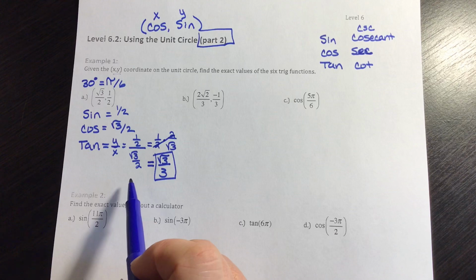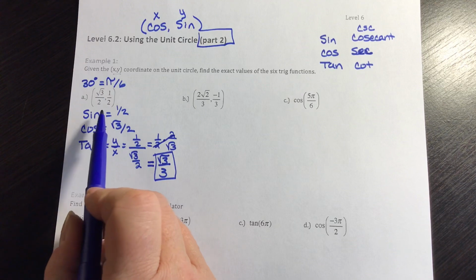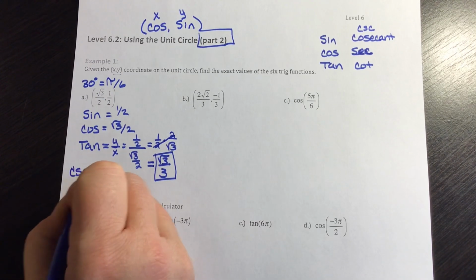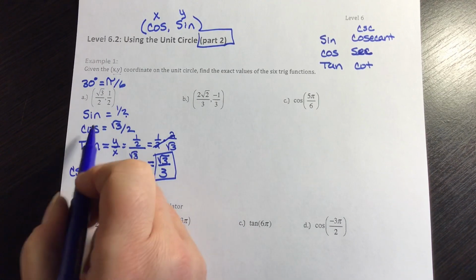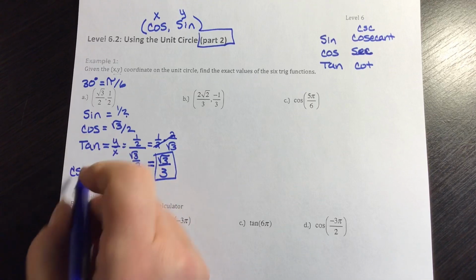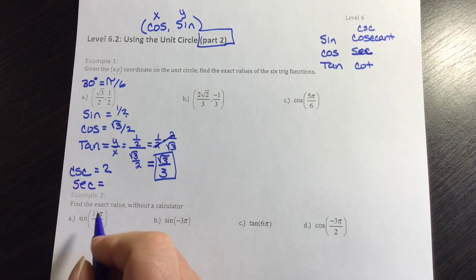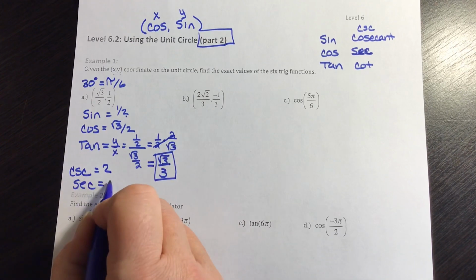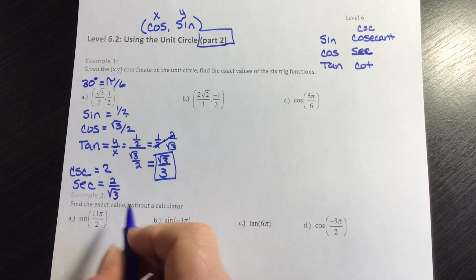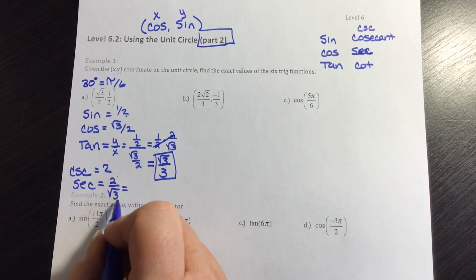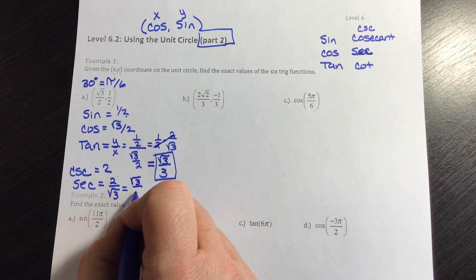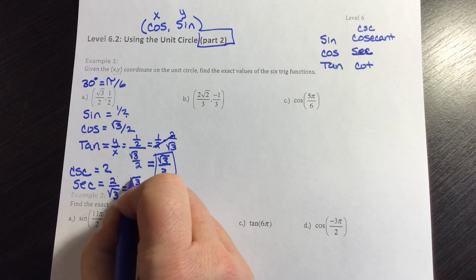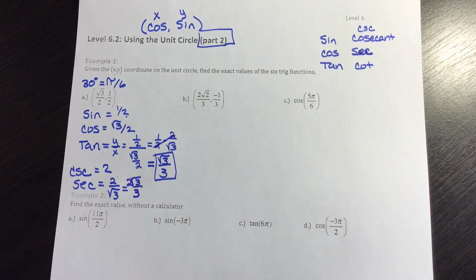But now I have the cosecant, which is the reciprocal of sine. So this is just 2 over 1. Cosine goes with secant, and the reciprocal of cosine would be 2 over square root of 3, which would be, if I multiply by the square root of 3 over square root of 3, I'm going to get the square root of 3 over, or 2 square root of 3, sorry, over 3.